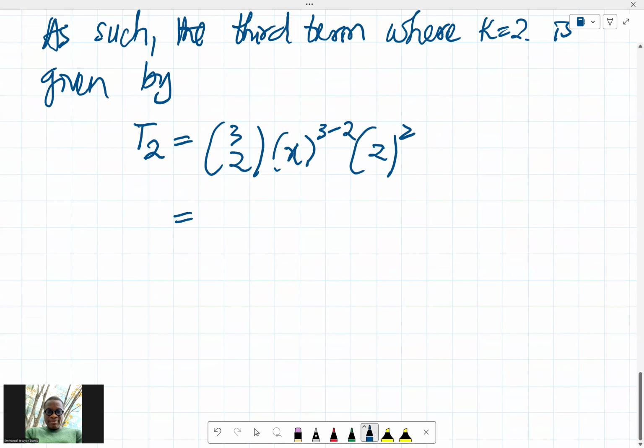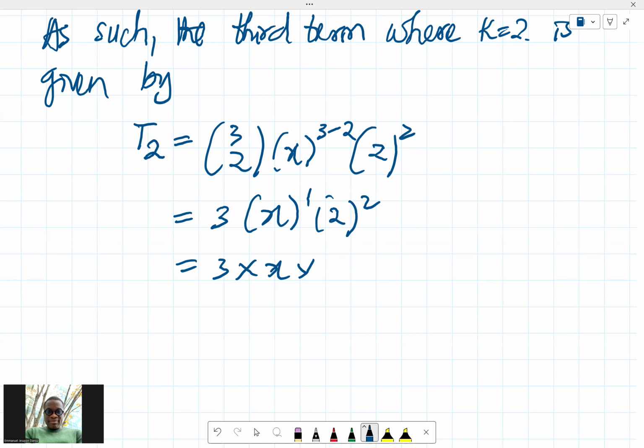So you're jumping straight to the third term. So 3 combination 2, of course, is 3, times x raised to power 1, times 2 raised to power 2. So that means you have 3 times x times 4, and that is simply 12x. Okay?